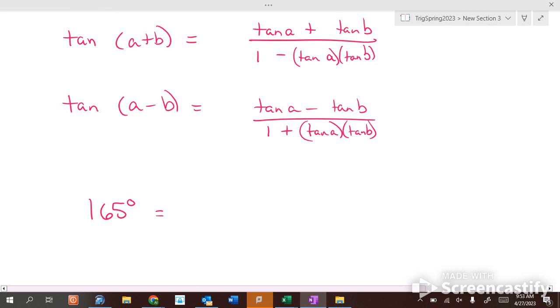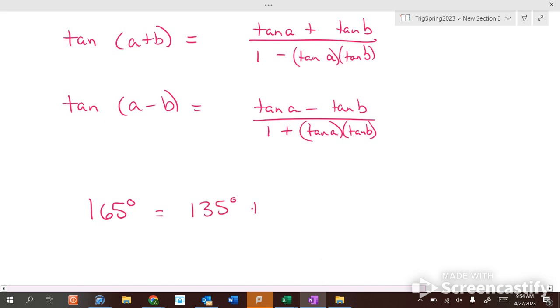No, it is not. Shoot. How do we get 165 degrees out of two angles that are on your unit circle? What two angles add up to 165 on your unit circle?